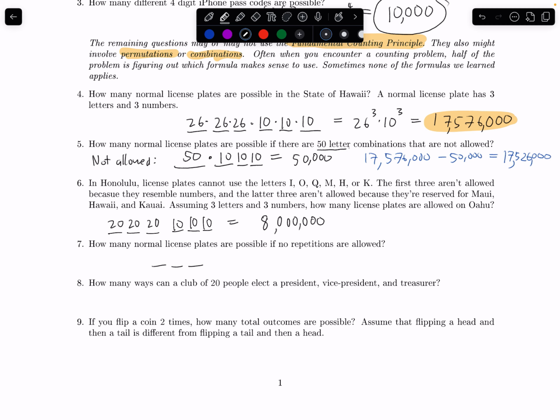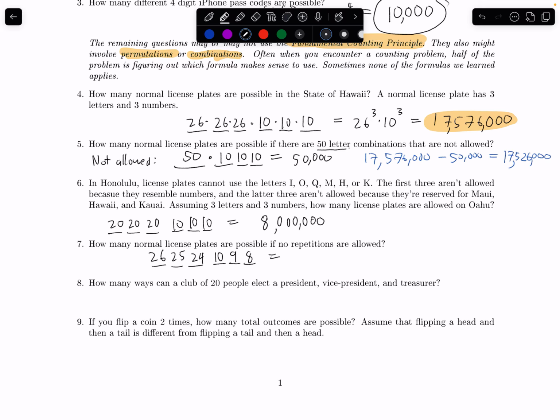That means it becomes a permutation question. There are 2 ways you can do this. You can think of it the same way with the spaces. The first position for letters, I have 26 options, and then 25 because I can't repeat, and then 24. And for the numbers, it's 10, then 9, then 8.